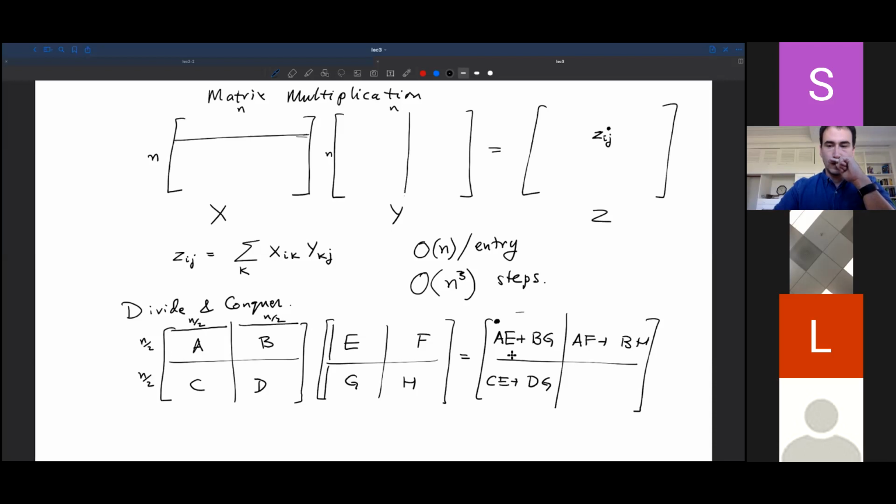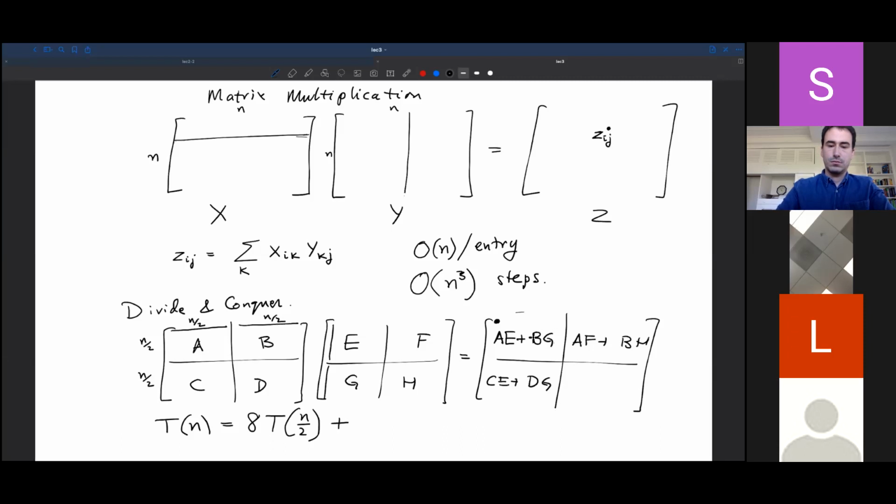Now what do we have? In order to multiply two n by n matrices, T of n, what do we have to do? We have to do two multiplications for each of these quadrants. So we have to do 8 matrix multiplications. But now these are n over 2 by n over 2 matrices. And then we have to add these matrices together. So we have to do 4 matrix additions.